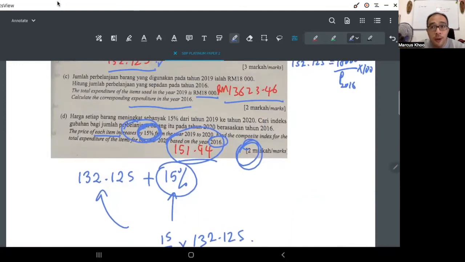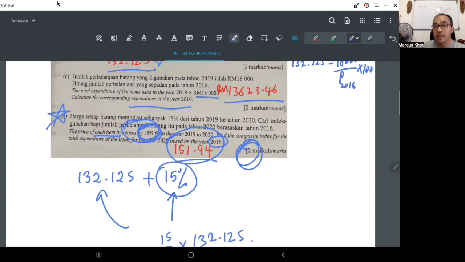Okay, so this is a 2-mark question. So take note of this. If it is a 2-mark question, most likely the working is not very difficult. It is not like, wow, I have to recalculate everything. No. So if the price of every item increases the same amount, the composite index also will increase the same amount. But this is a very rare question lah.